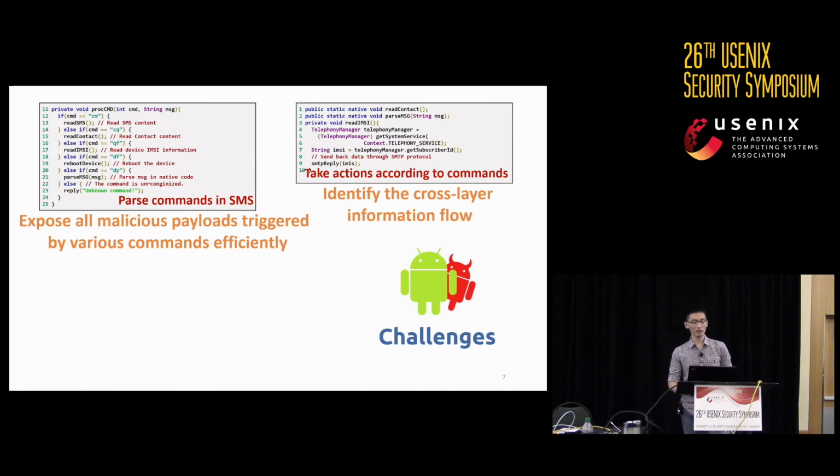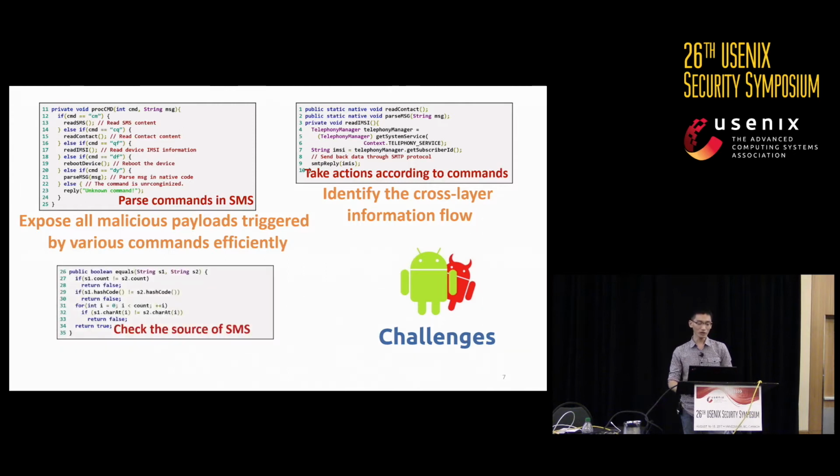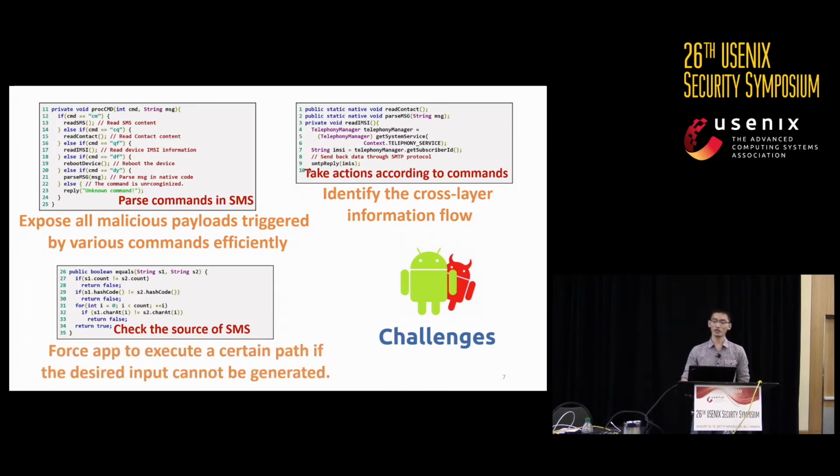We employ concolic execution to explore execution paths. But for this malware, the constraints generated by the telephone numbers include hash calculation, so they are too complex to be resolved for generating new input. In this situation, Malton should be able to force the application to execute a special path when the desired input cannot be generated.